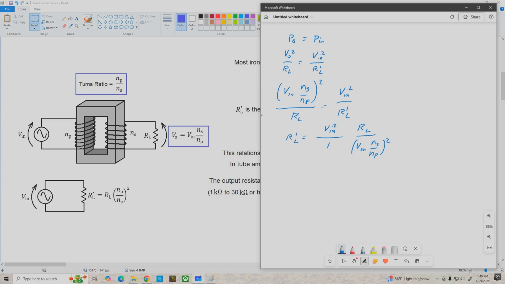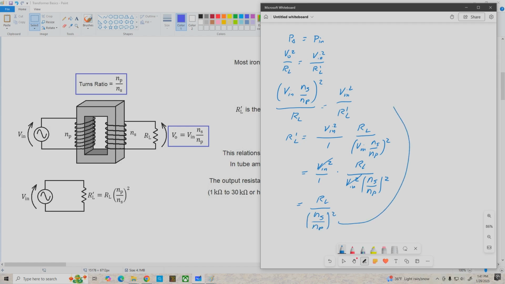Now I'm going to write this out a little bit differently, and that's going to be V_in squared over 1 times R_L divided by V_in squared times (N_S over N_P), the quantity squared. And note that V_in squared is going to cancel out, so that leaves us with R_L divided by (N_S over N_P) squared.